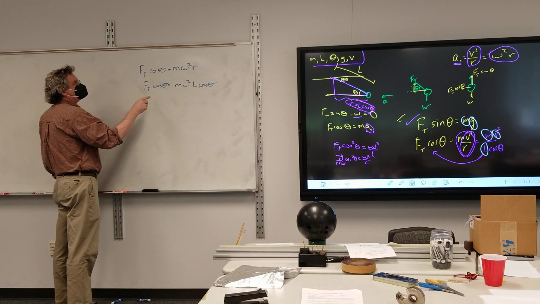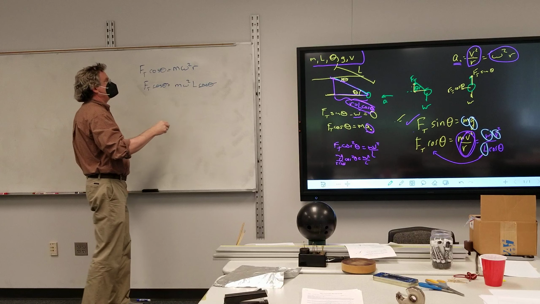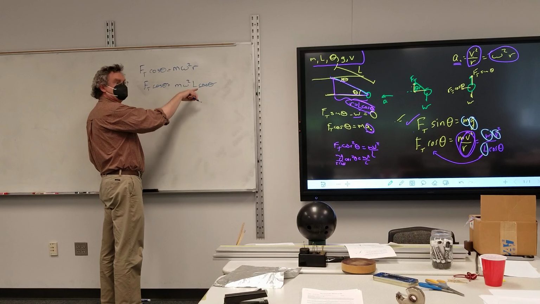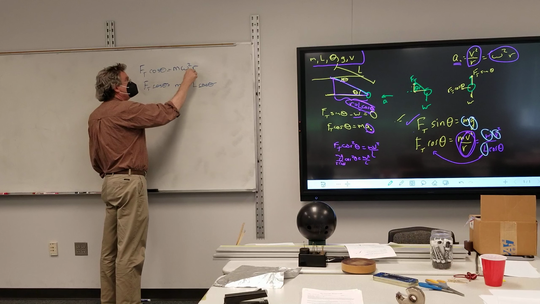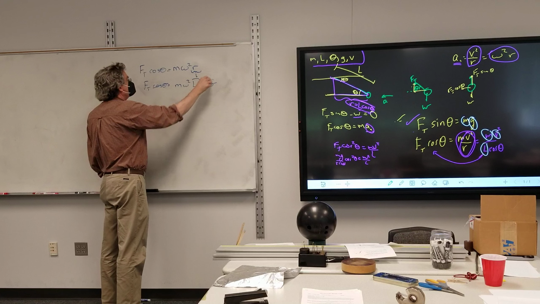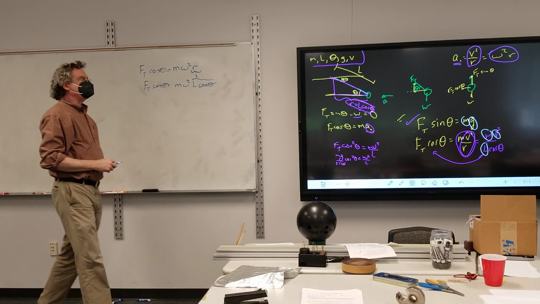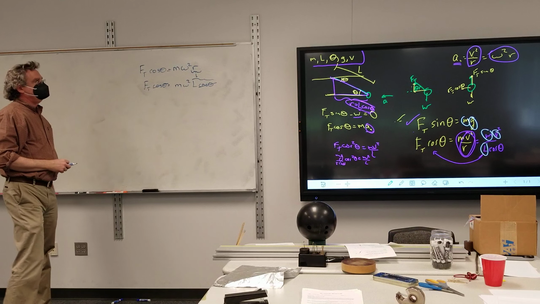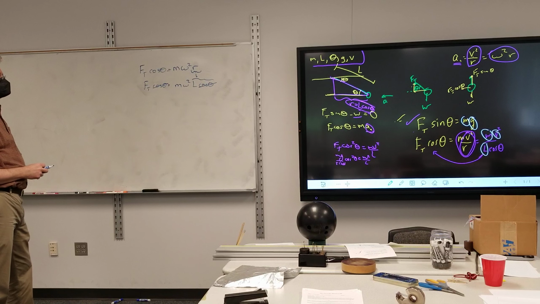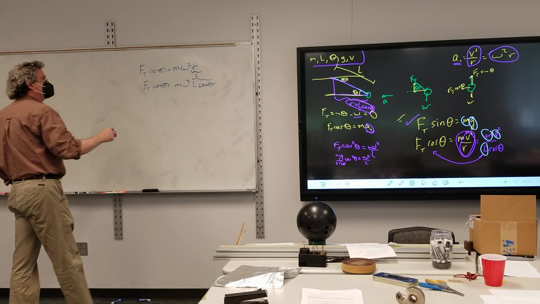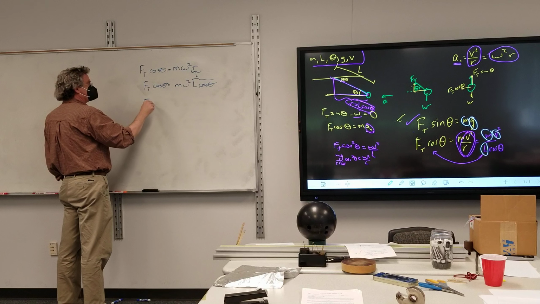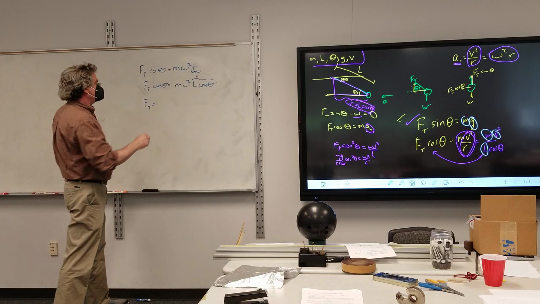Why is it times L instead of divided by L? Sorry, why is it times L cosine theta? Yeah, instead of divided by L cosine theta. Oh. Yeah, that's what, never mind. Okay. And I know that tension from that first equation is equal to mg over sine theta.